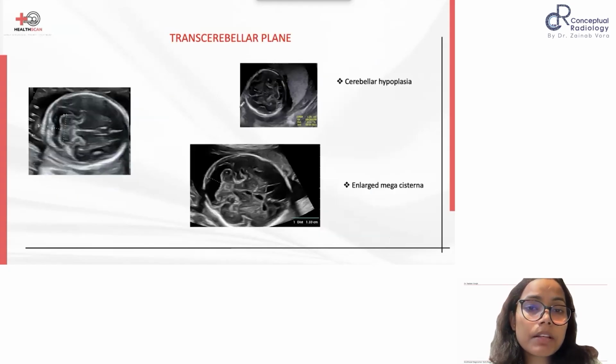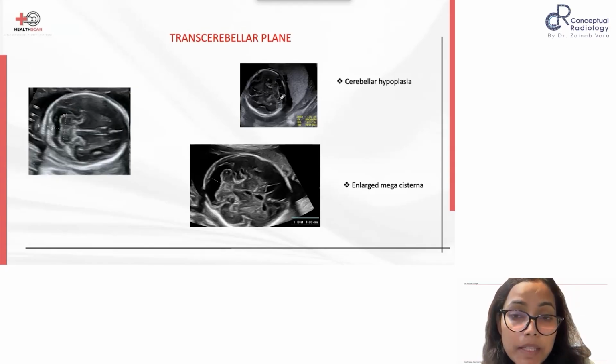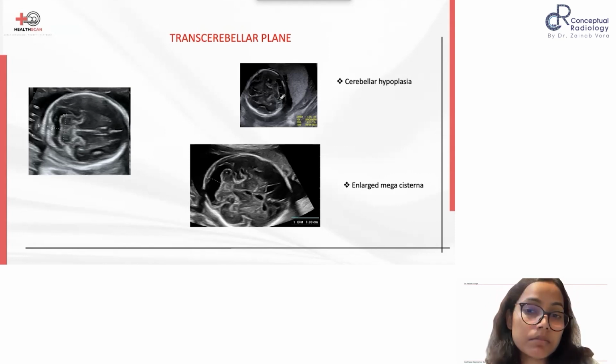The transcerebellar plane section we acquire a little lower, if we go from the head towards the neck region, in the caudal direction. In the transcerebellar plane, we measure the transcerebellar diameter. This is the cisterna magna, a fluid collection behind the cerebellum, and we measure the nuchal fold thickness. What we are going to rule out is any cerebellar hypoplasia, because there are various syndromes which are associated with ventriculomegaly.